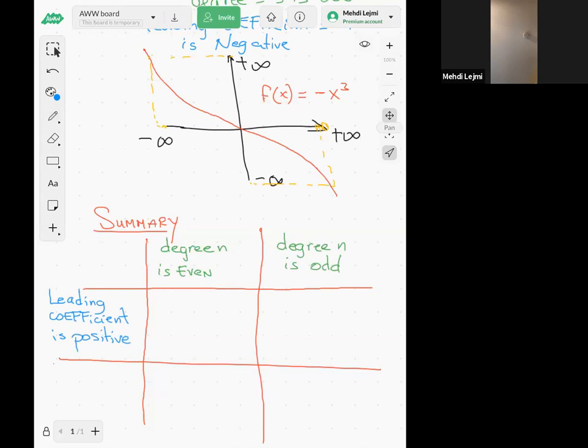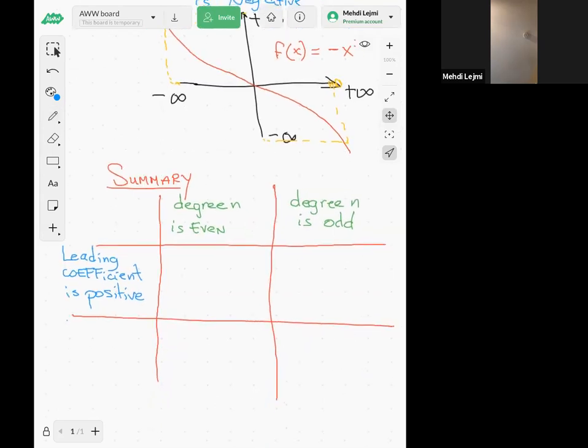And here, the last row, the leading coefficient is negative.